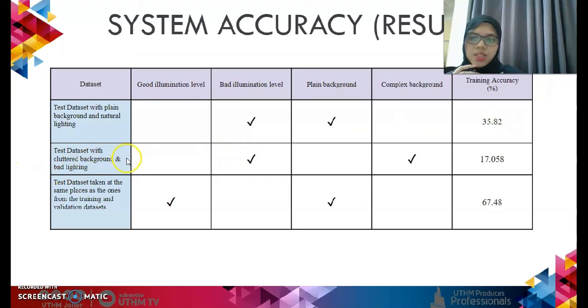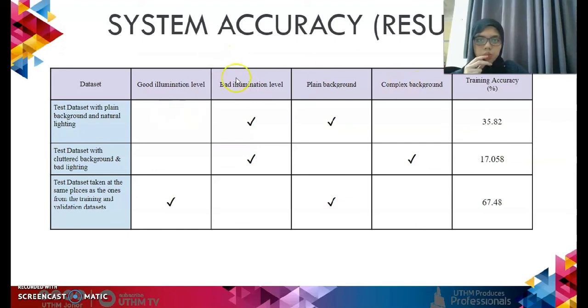For the test data set with cluttered background and backlighting, I get a testing accuracy of 17.058%. And the test data set taken at the same place as the training and validation data set gives 67.48% accuracy, which is the highest among the 3 types of data set.